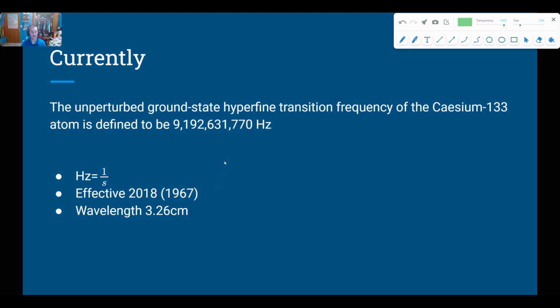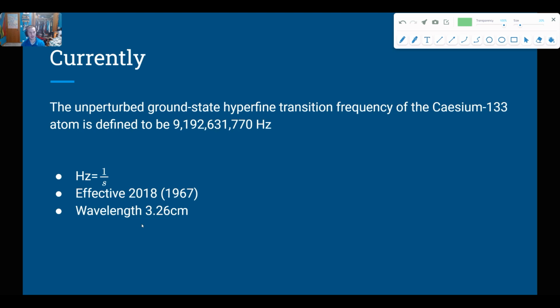So this is a frequency of light that is emitted. It's a form of electromagnetic radiation, just like light is, that corresponds to a wavelength of 3.26 centimeters. You can't actually see this emission with your eye, but atomic clocks, which we use to measure time, can detect this frequency.